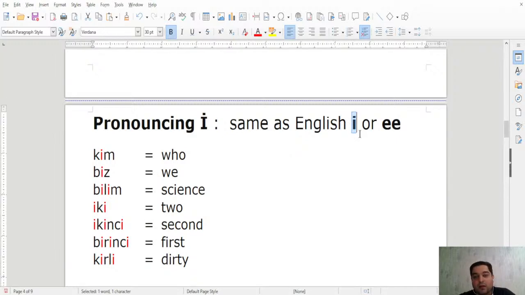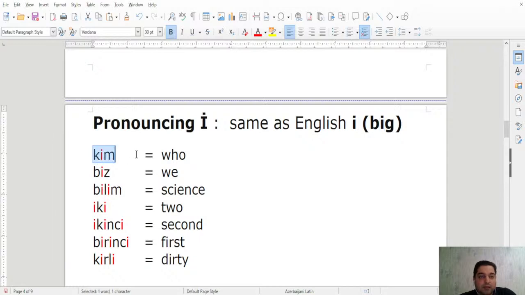Big, or E. But double E is usually pronounced as prolonged, right? Therefore, it's better to consider this I as in the word big, okay? So let's put this parenthesis as big. That will be a better understanding of how we pronounce this İ in Turkish. The way we pronounce I in big is exactly the way we pronounce İ in Turkish.